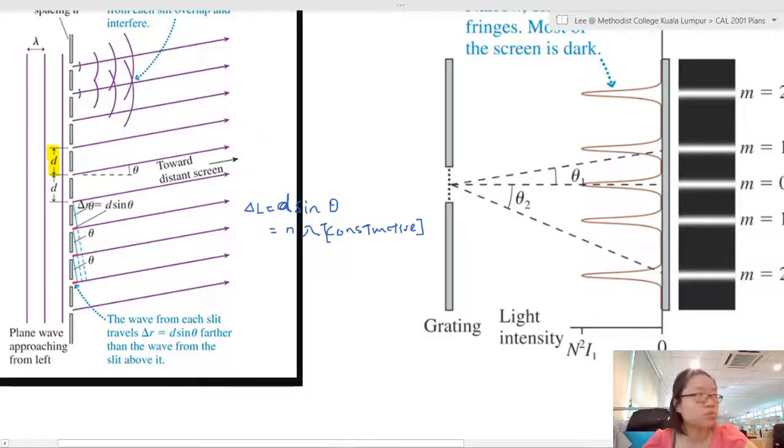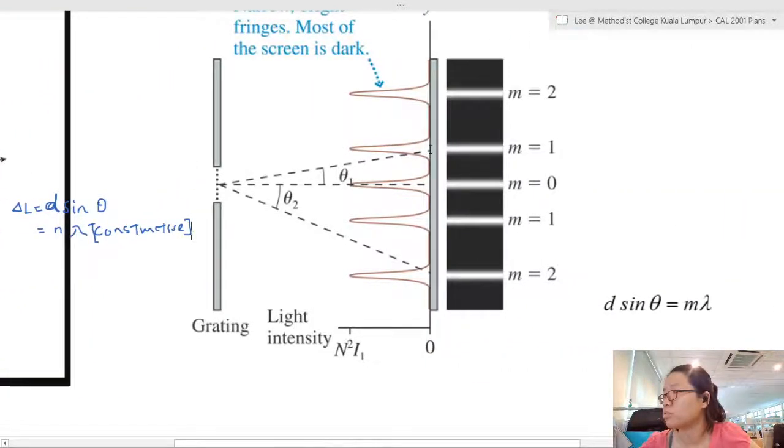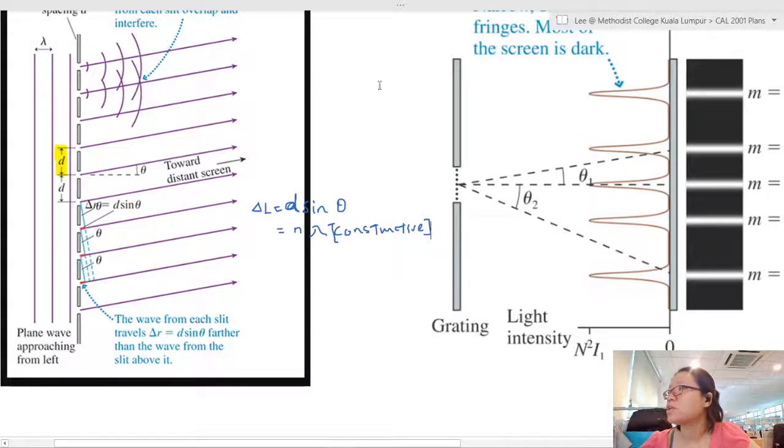When it comes to the 0.5 lambda, I would much prefer if you just stick to the bright fringe, because bright is very easy to tell where it exactly is. Okay, so once again, you might be thinking where is the theta? If you look back in the previous interference lecture, theta can be measured here, depending on where the screen would be here.